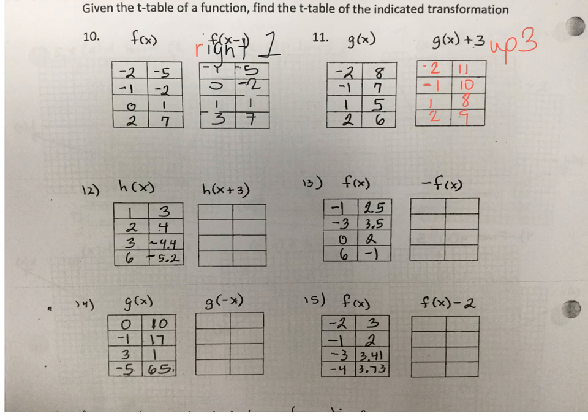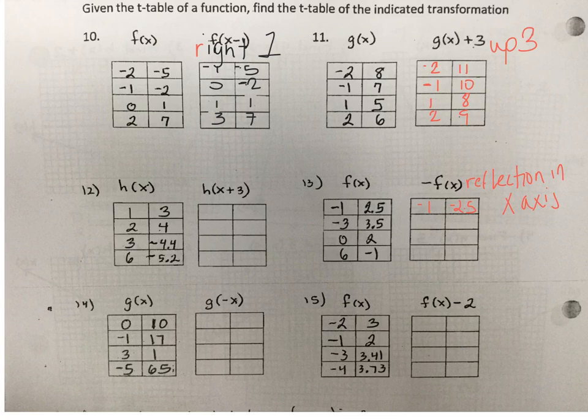Okay. Now what about number 13? Reflection. So it's going to be 1, -2.5. Don't you flip the signs then? Yes. Reflection in the x-axis changes the signs of the y values, right? So my x's stay the same, -1, and becomes -2.5.